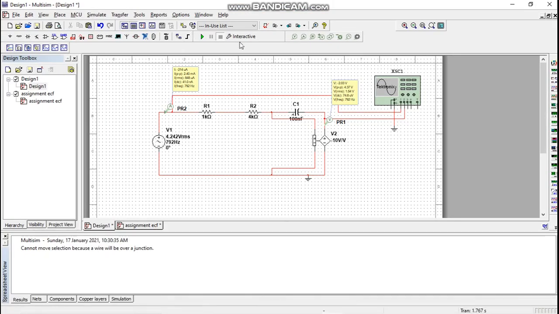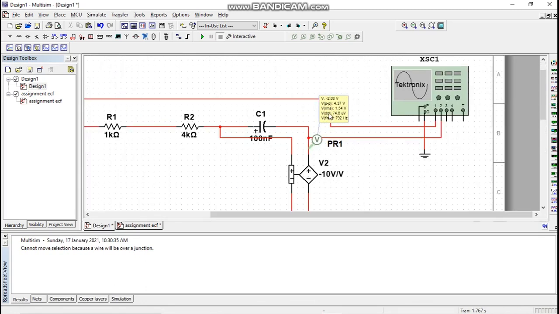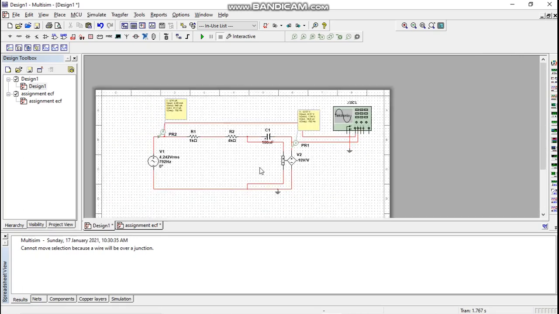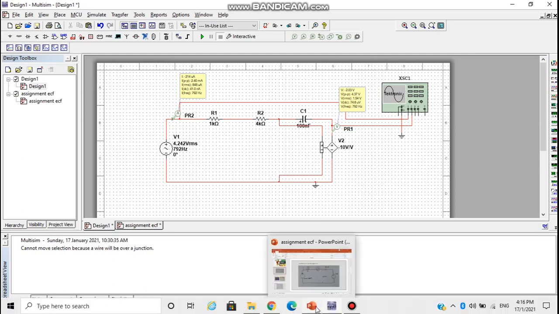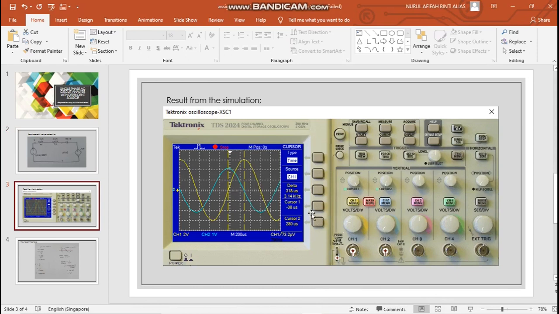When I run the simulation, I got the voltage value of 1.54 volts. From the oscilloscope, we can get the graph, and this is the result from the simulation.